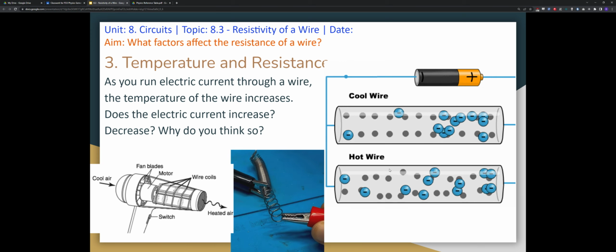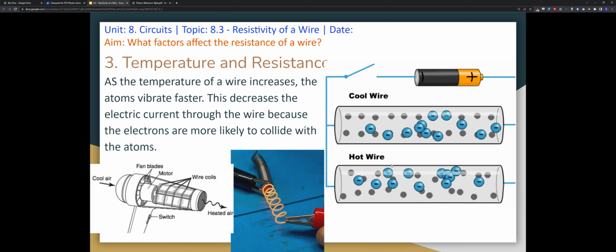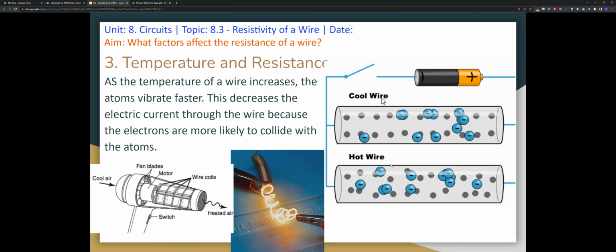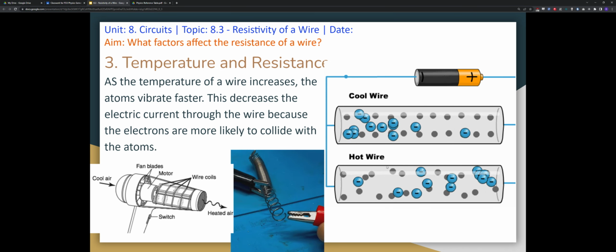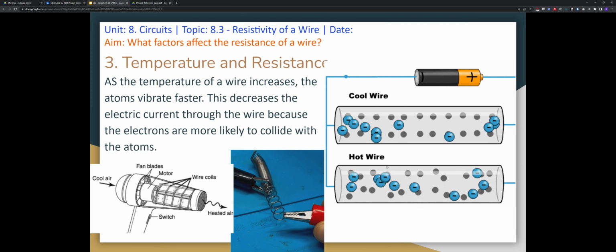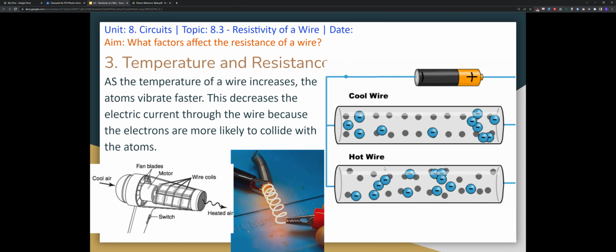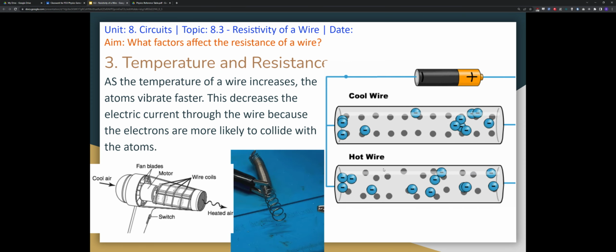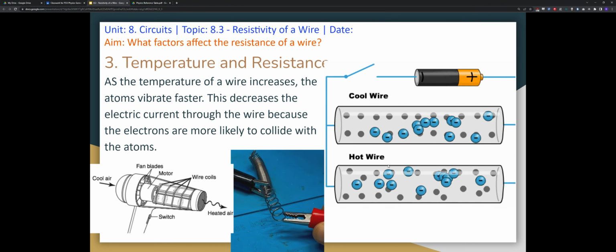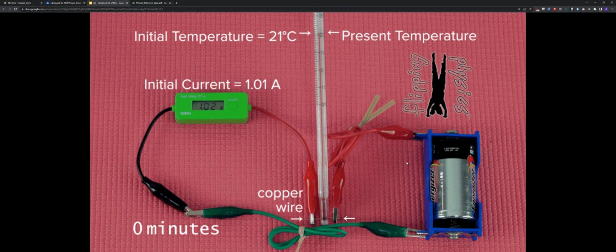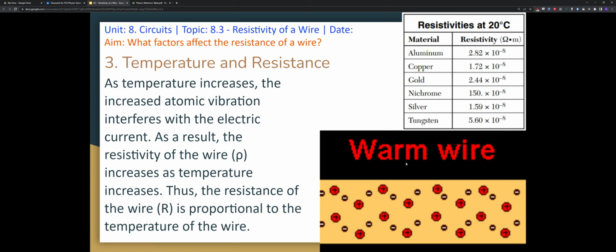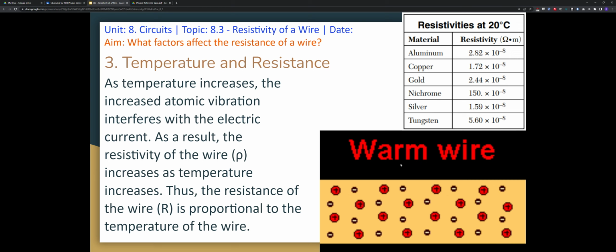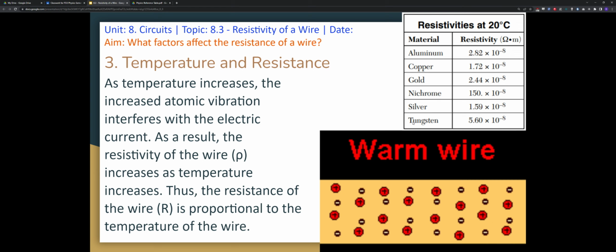So the more the atoms vibrate, the hotter the temperature, the lower your electric current. And the lower your electric current, the higher the resistance. So as the temperature of the wire increases, the resistance of that wire also increases.